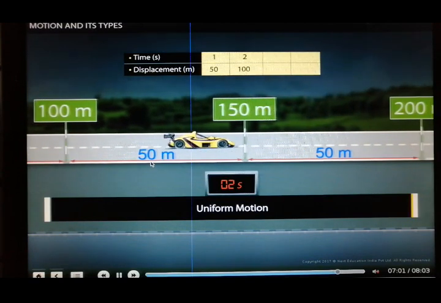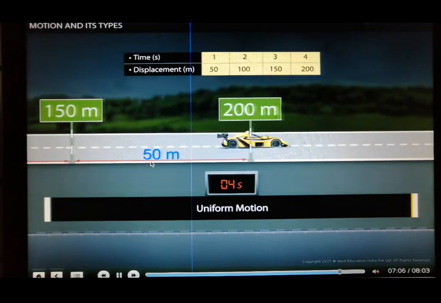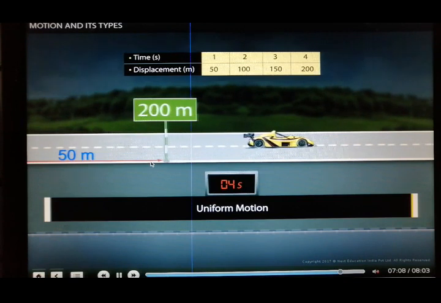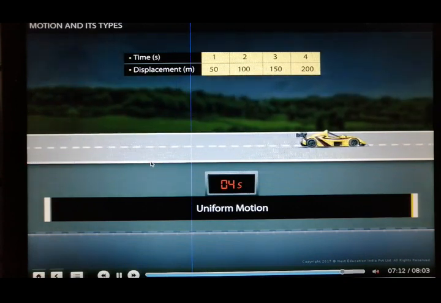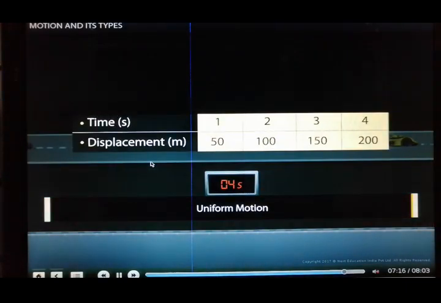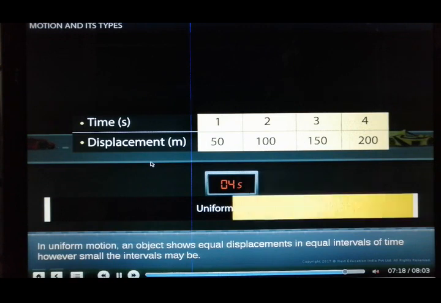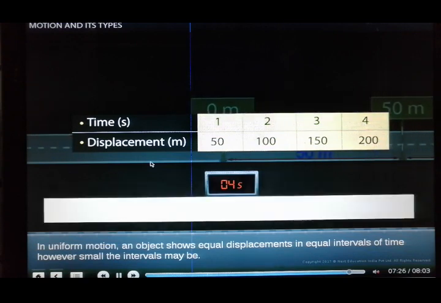Thus, for each second, if we note down how far the car has moved from the starting line, we see that the displacement during any 2 consecutive seconds is the same. This car is in uniform motion. An object is said to be in uniform motion if it shows equal displacement in equal intervals of time, however small these intervals may be.